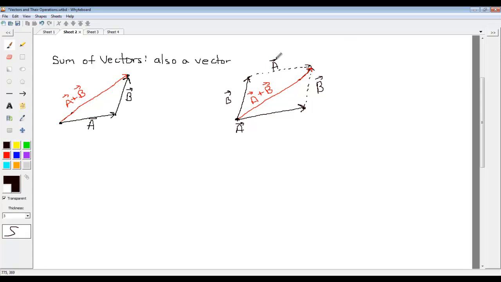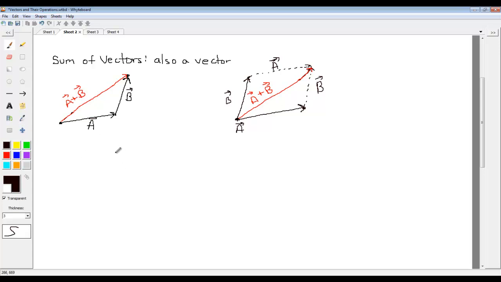So that's handy to remember if you're trying to deal with sums. You can geometrically talk about the sum either by taking the initial point of A to its terminal point, then taking the initial point of B at A's terminal point and going to the terminal point of B. That resultant vector is the sum of these two. Or if A and B have the same initial point, the resultant vector is going to be the diagonal of a parallelogram that you could make by repeating A and B. So that's something to keep in mind when you're working with these.